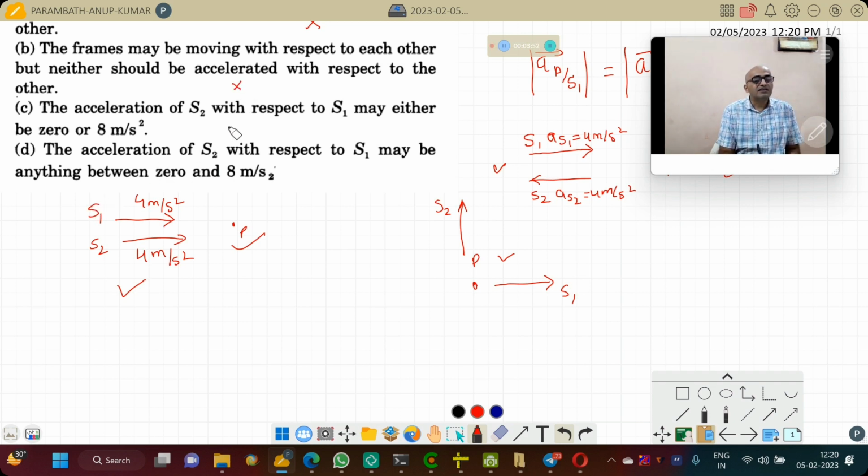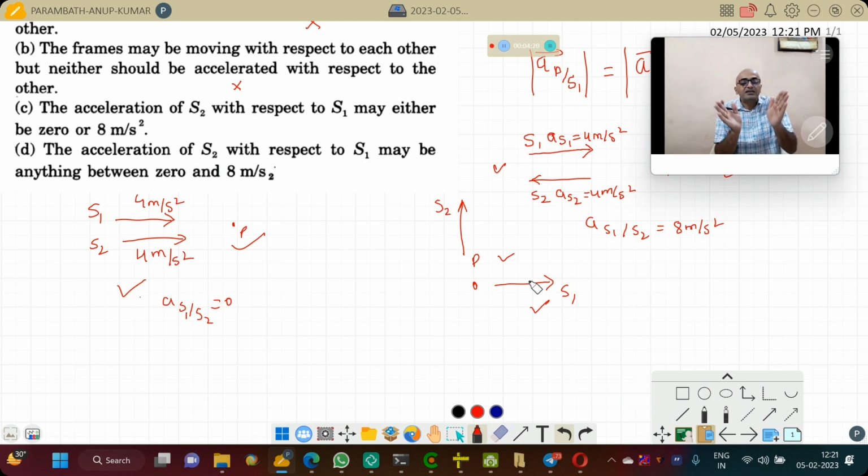C part: the acceleration of S2 with respect to S1 may be either 0 or 8 meter per second square. In this case it is 0, the acceleration of S1 with respect to S2 is 0, and in this case it is 8 meter per second square. But I have already told you a scenario like this is also possible, in which it has some value between them.